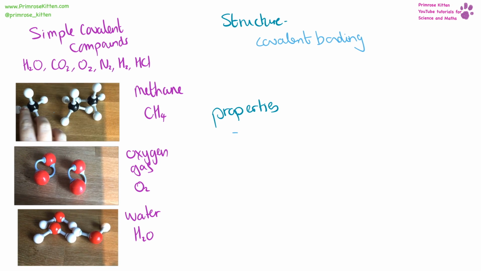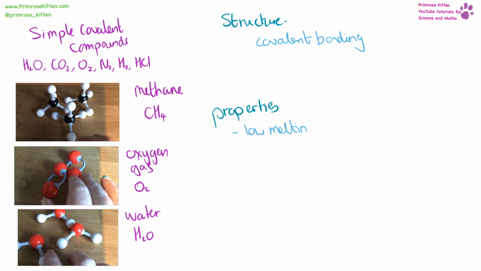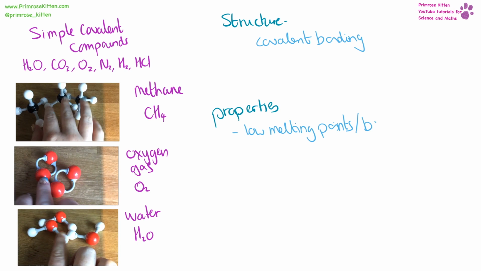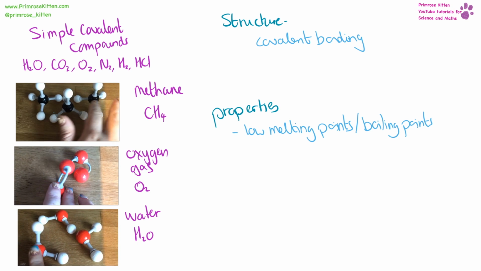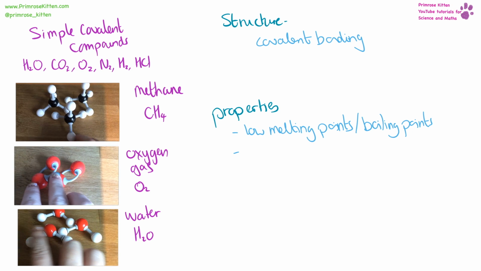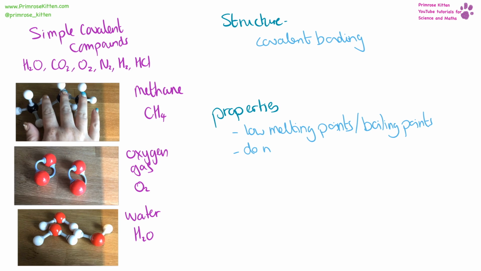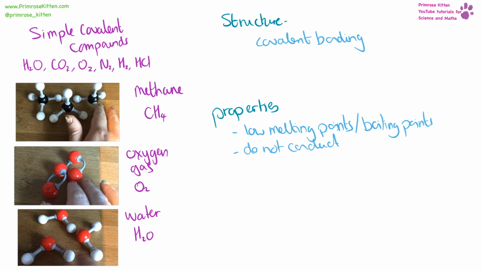Their properties is that they have low melting points and boiling points. They're generally going to be a gas at room temperature or a liquid at room temperature. They do not conduct electricity.